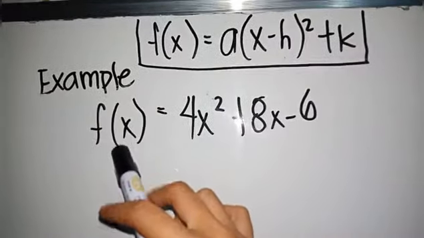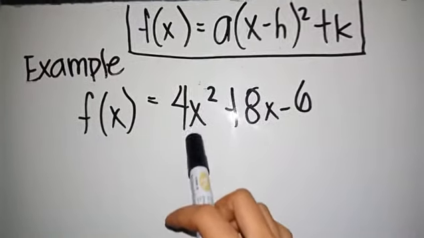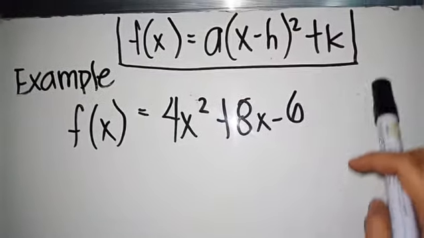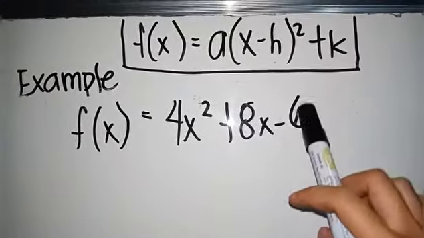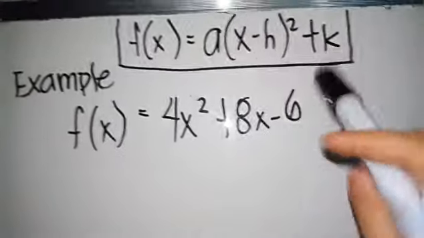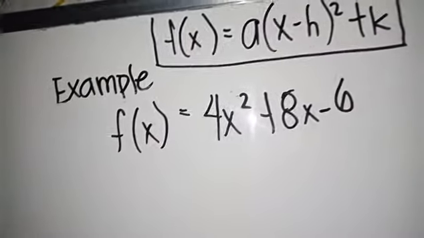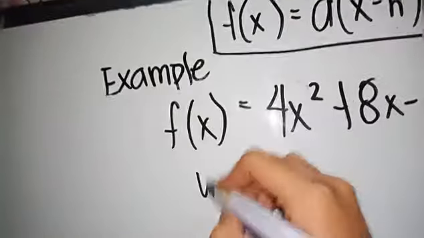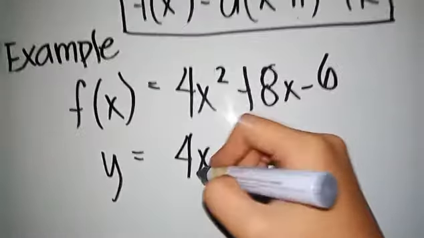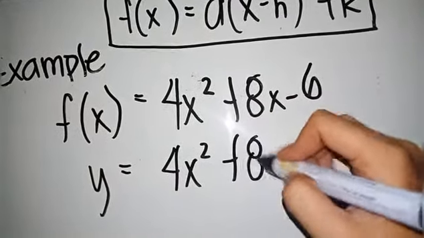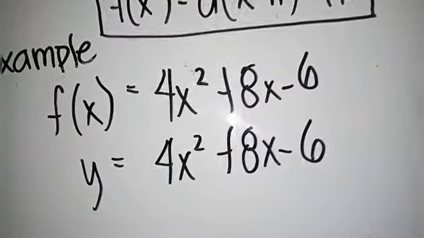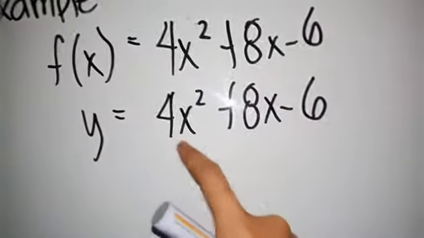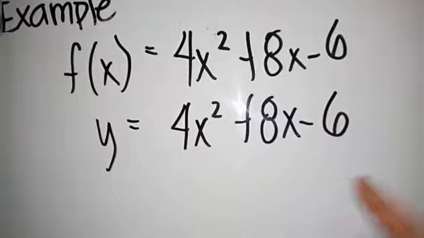So, ito, we have f of x is equal to 4x square plus 8x minus 6 ay gagawin natin in the form of ganito, or i-rewrite natin in the form of our vertex form. So, paano yan? So, i-let f of x muna natin as y is equal to, we have 4x square plus 8x minus 6.